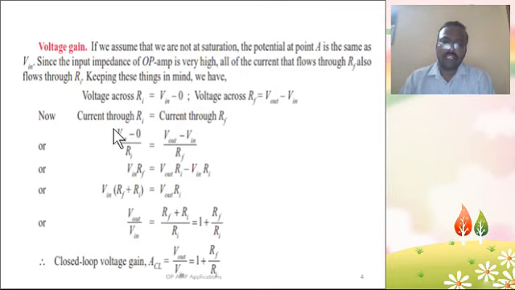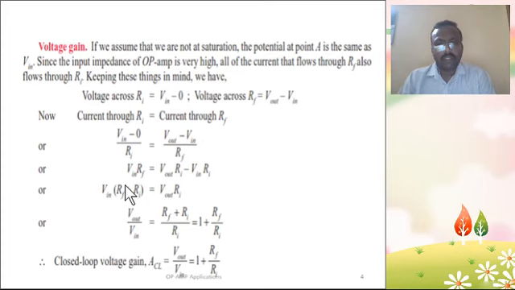So we can write in terms of current, Vin minus 0 divided by Ri is equal to V naught minus Vin divided by Rf. After rearranging this above equation, we will get Vin Rf is equal to V out Ri minus Vin Ri.